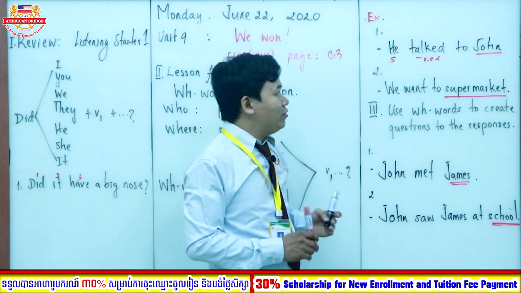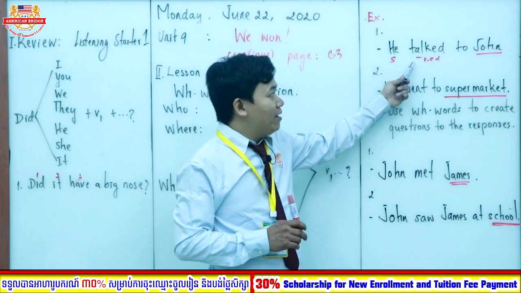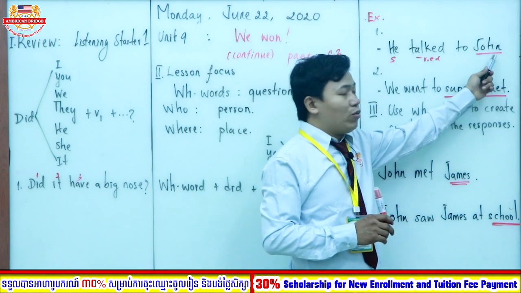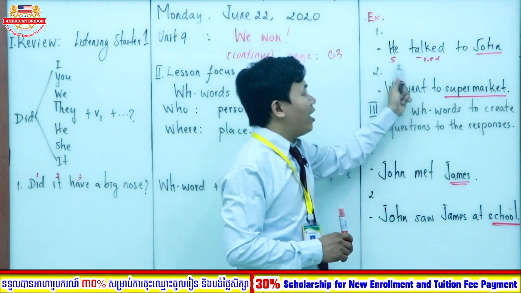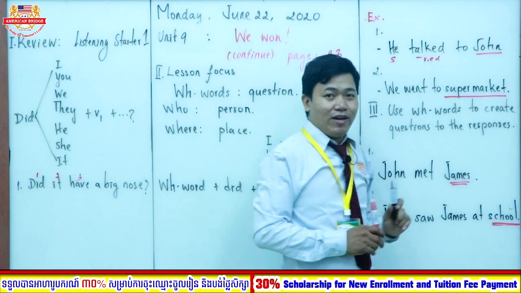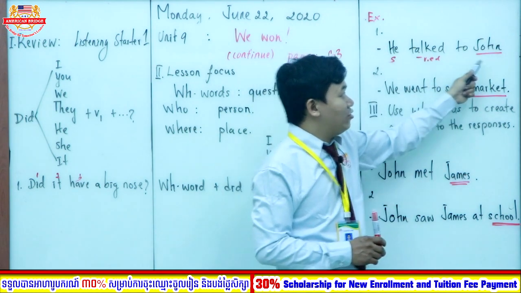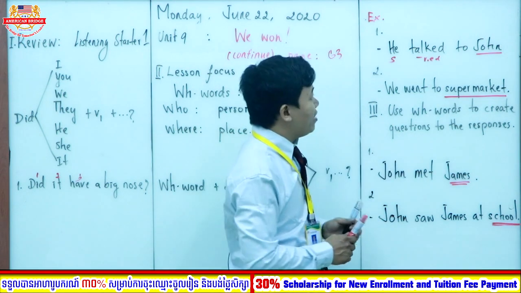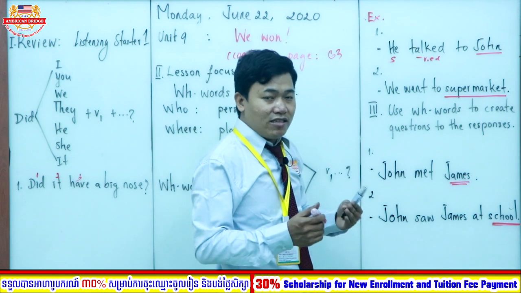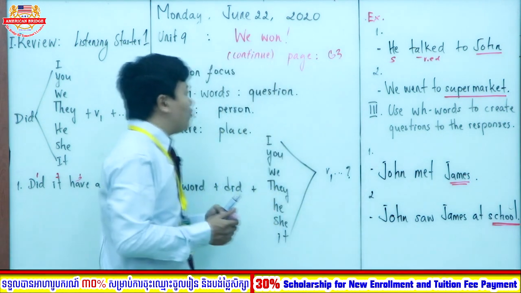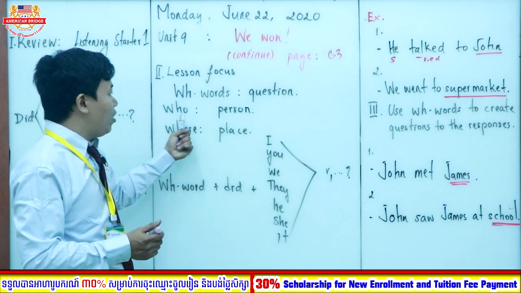What I want to do with this sentence is make it into a question. I underline the word John, which means I want to make a question by asking about John. You understand what I mean? John is a person, right? So when we want to make a question asking about a person, what word should we use, everyone? Great. To ask about a person, we should use the word who.